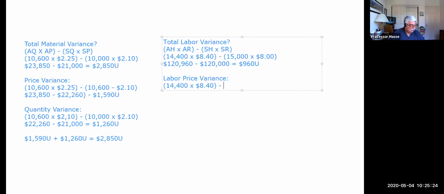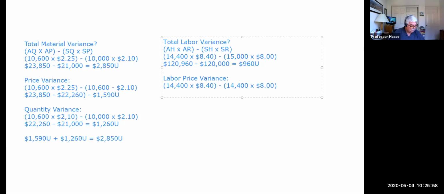Subtract from that, excuse me, from our actual labor hours, 14,400 labor hours times our planned labor rate of $8 an hour. Again, we're comparing the labor rates with the actual hours being the constant. Looks like we're 40 cents off.